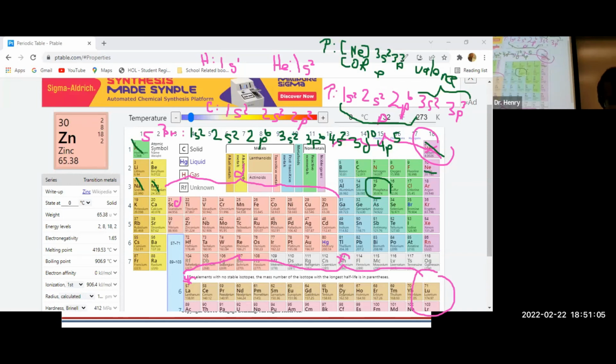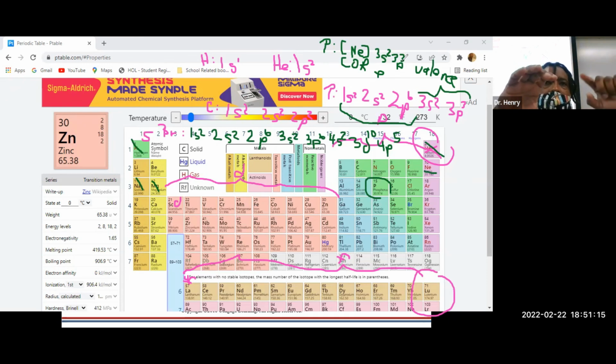It's also a much shorter way of writing it, and you don't have to write all of that little part out. You just go to the nearest noble gas that's before the element, write that in brackets, and then just write the electrons that you're able to use for reactions. Okay, so you guys with me so far?